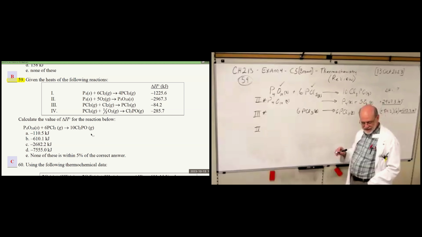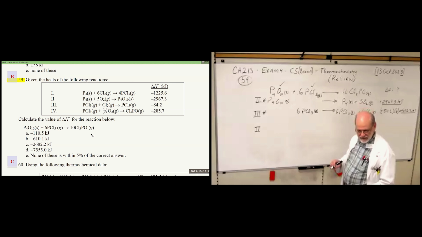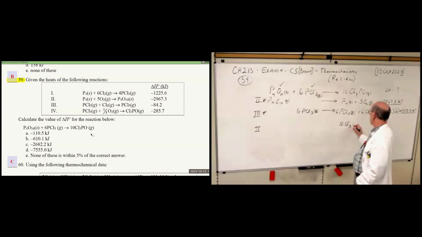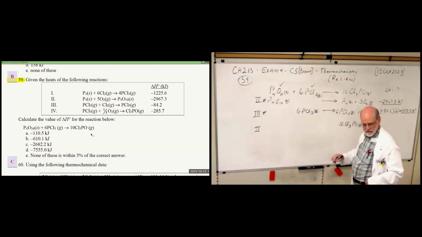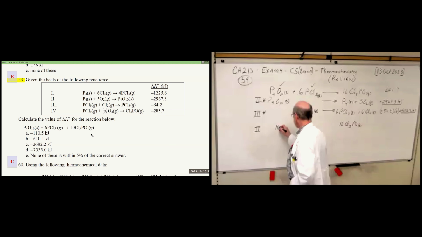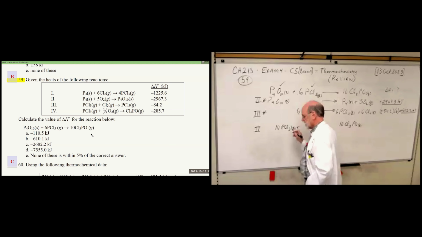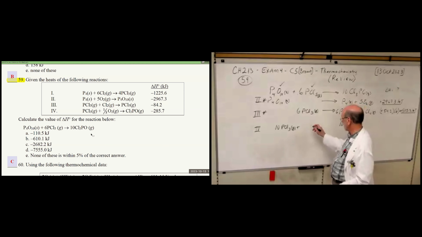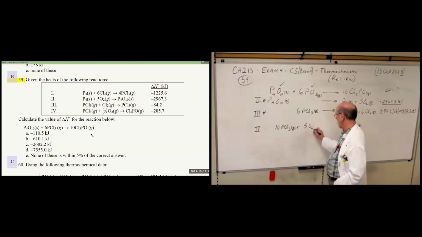So we need 10 of these: 10 Cl3PO gas, and then 10 PCl3 gas, and then oxygen is a half times 10 to be 5 oxygen.